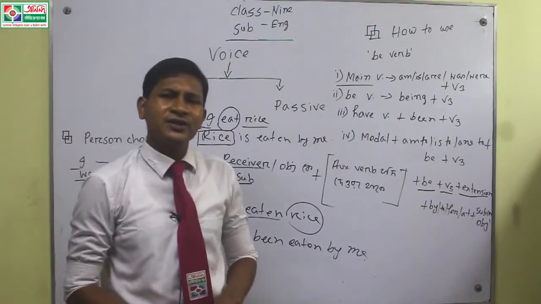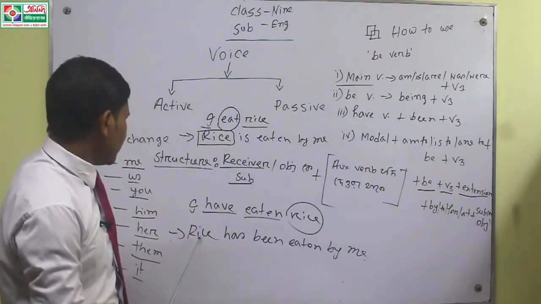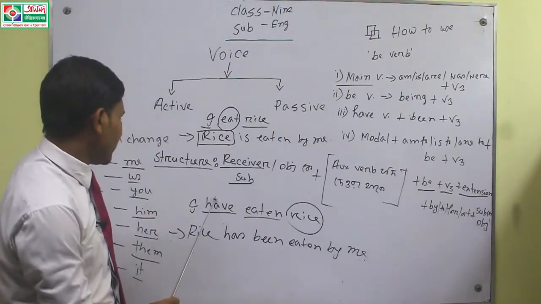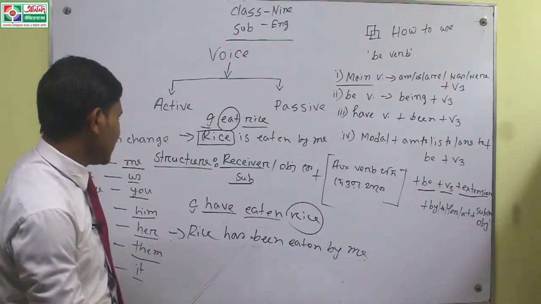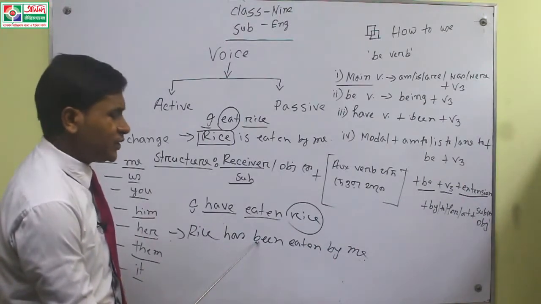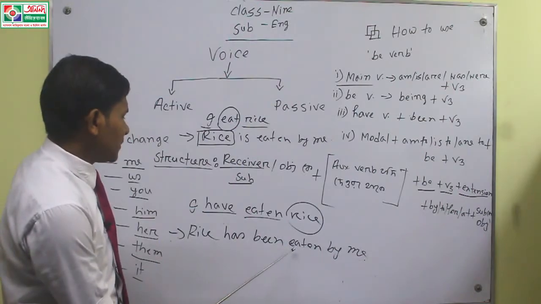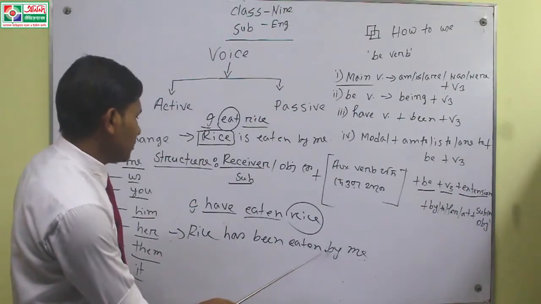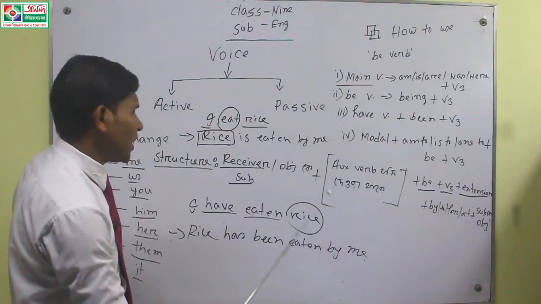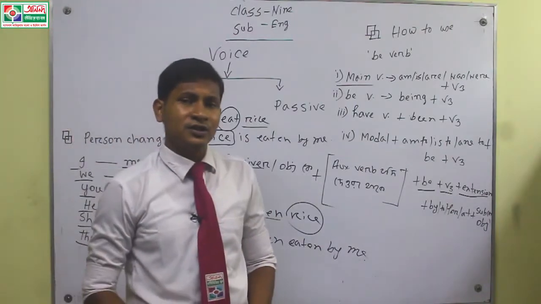Do you understand? At first we use rice, then for the have verb we use has, then the be verb changes into been, then verb 3 form eaten, then by plus the objective form of I. Do you understand?